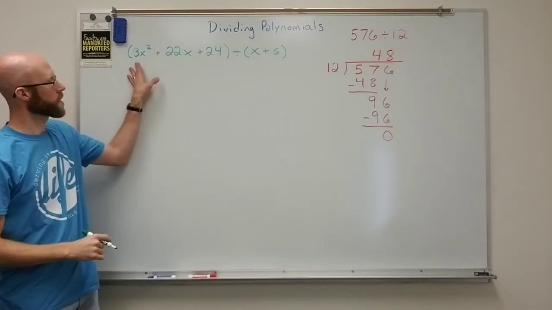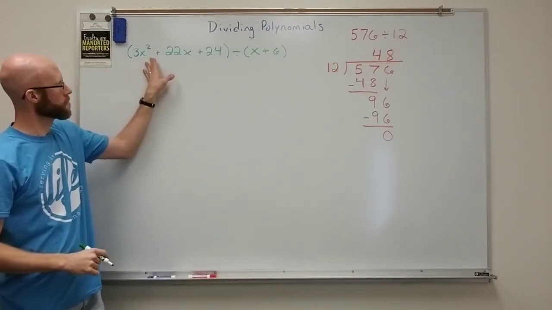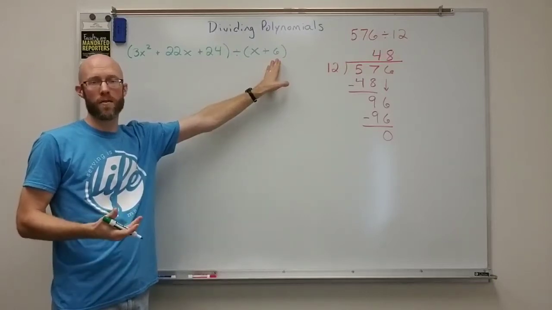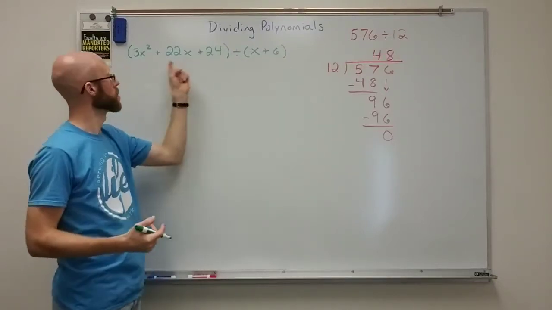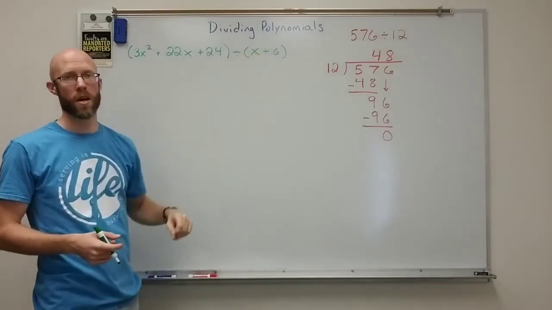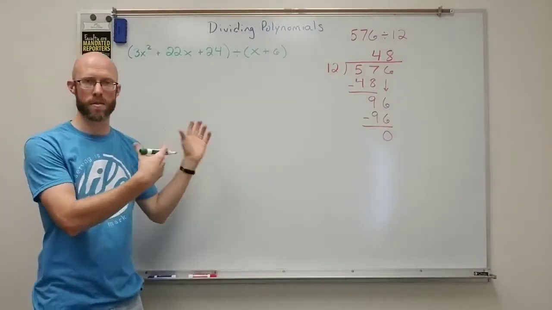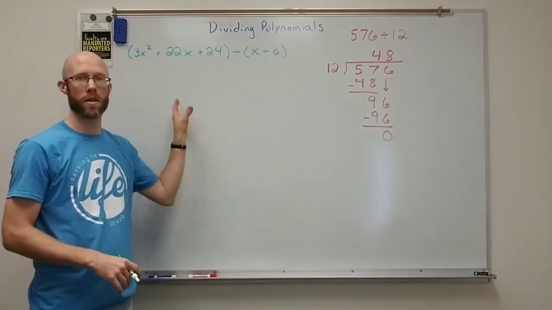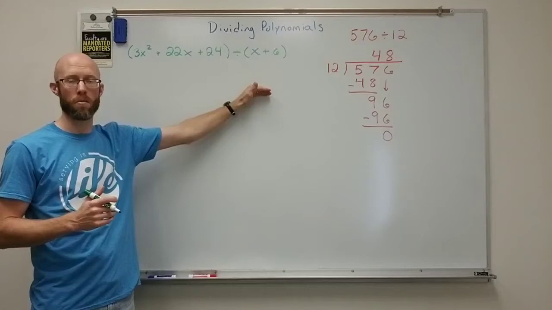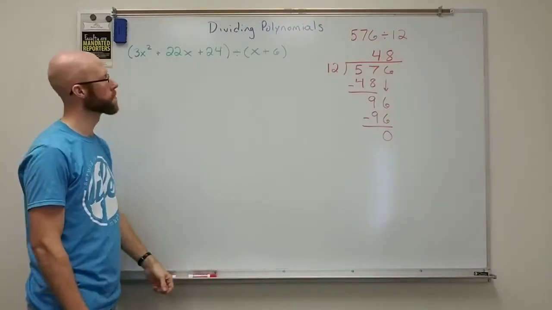Okay, so again here, I'm dividing a trinomial by a binomial. You could think of this in fraction form as well. It'd be the trinomial over x plus 6. I'm not going to rewrite it all because it's kind of redundant, but it's the same idea. If you have the fraction form or the division form, they mean the same thing.